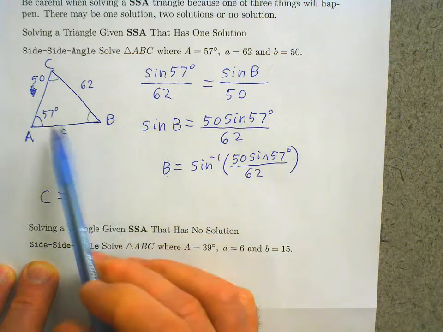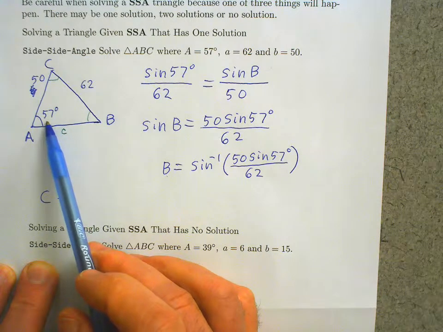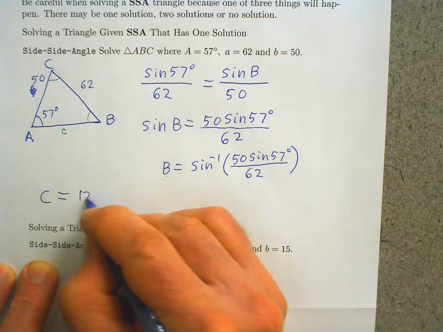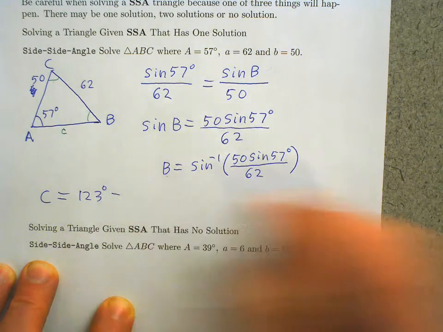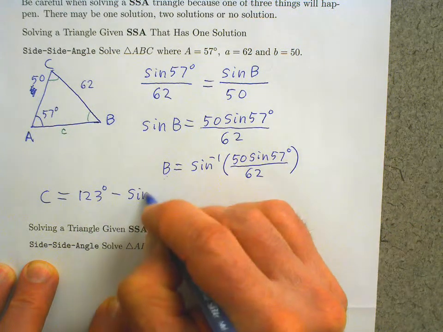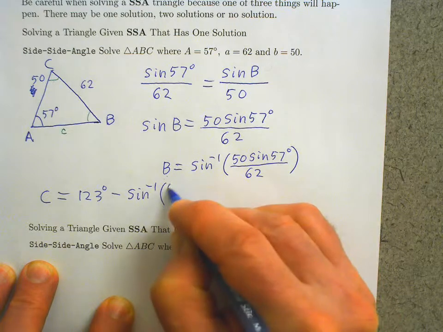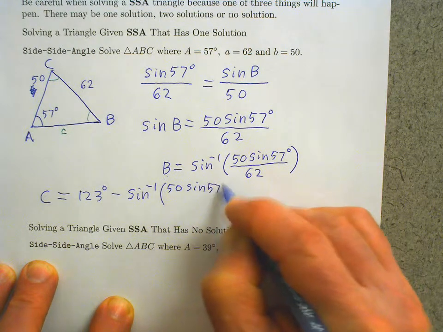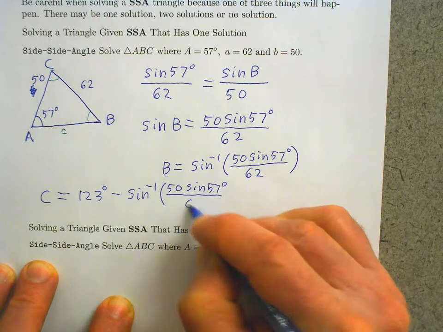So we can simplify that a little bit. 180 minus 57 is 123 degrees, and then minus the inverse sine of 50 times sine of 57 degrees over 62.